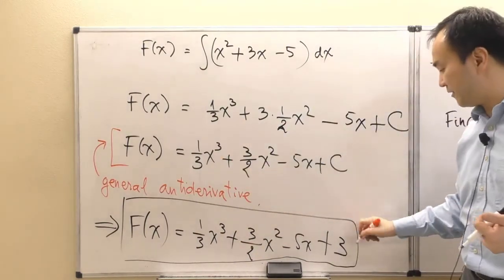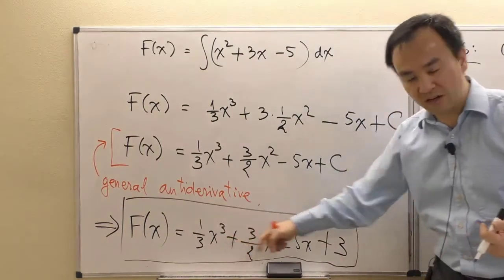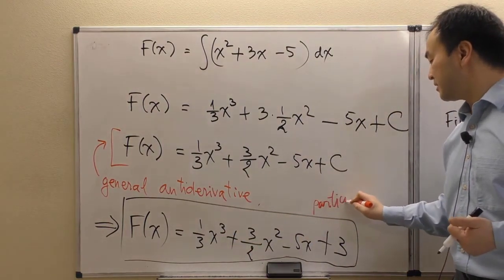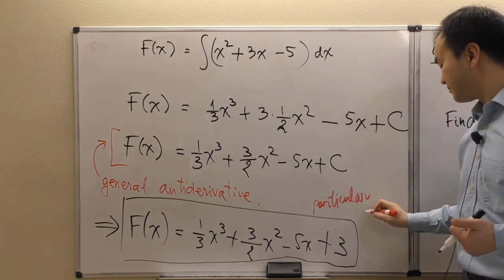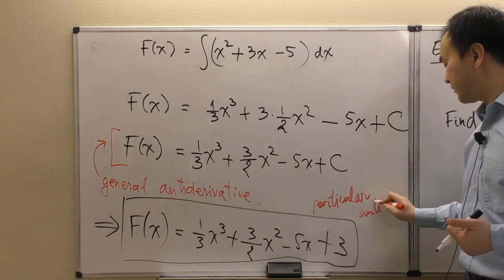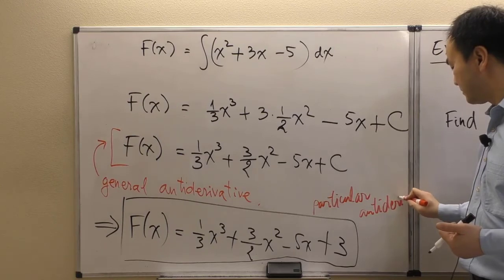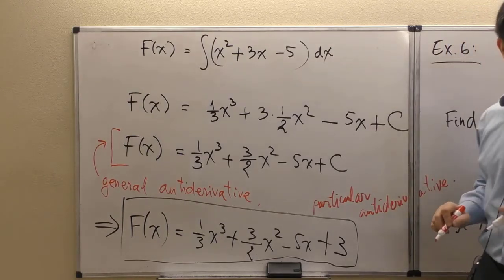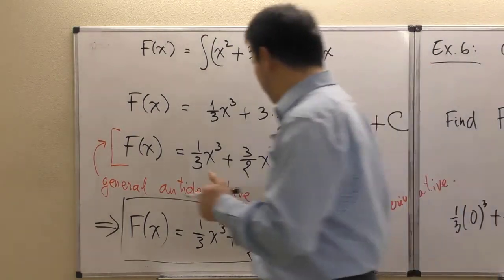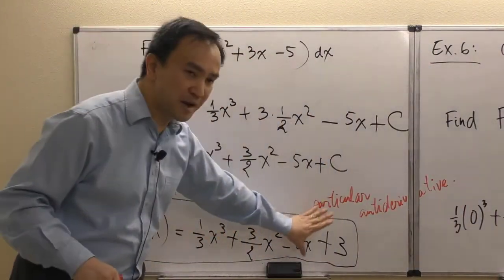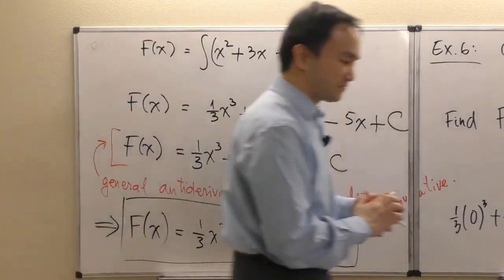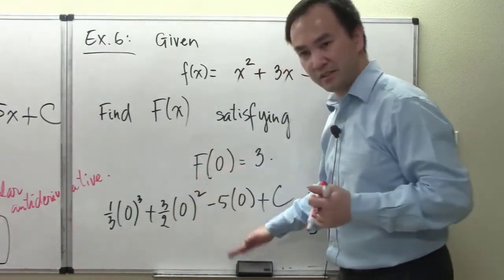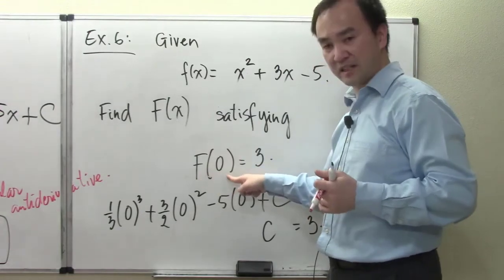I refer to this answer that we put in the box right here as a particular antiderivative. That's what it is, because this is the particular member that satisfies the requirement that capital F at 0 must equal 3.